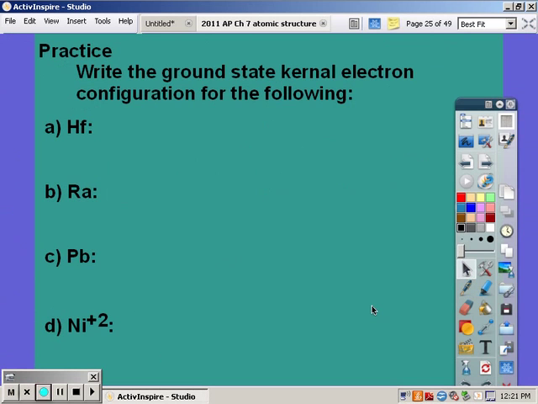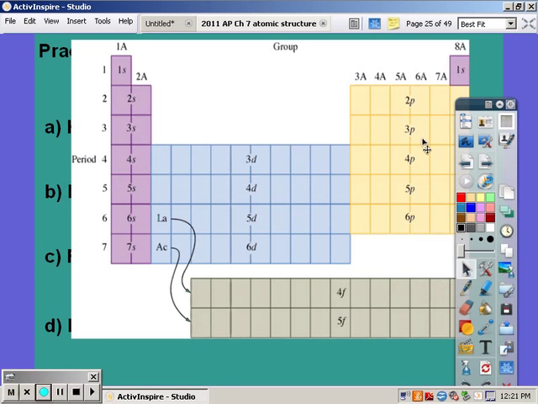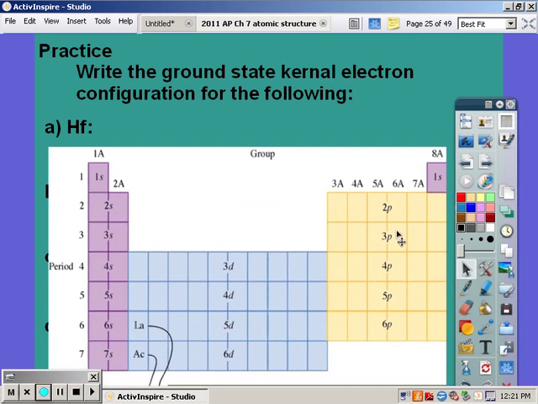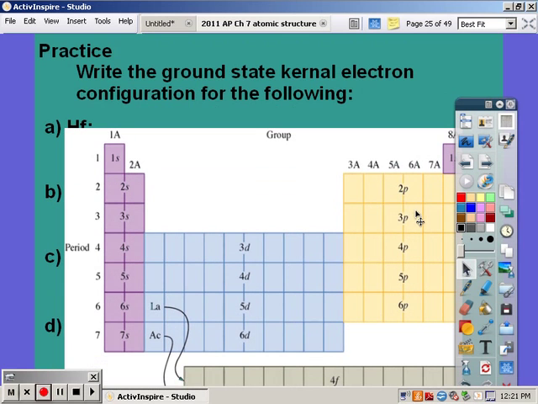When we want to write the kernel electron configuration or shorthand configuration, we need to look and see what's the noble gas before that element. So for Hf, we look and krypton is the noble gas before it.